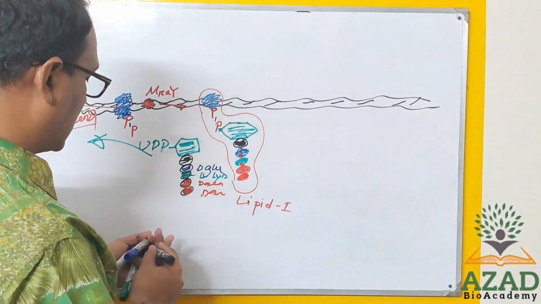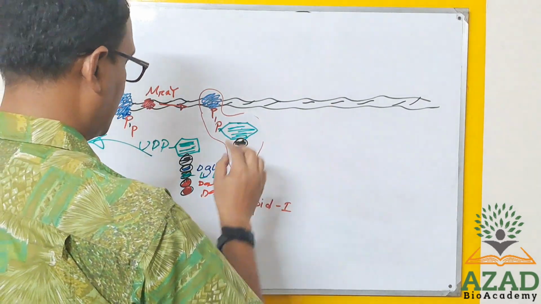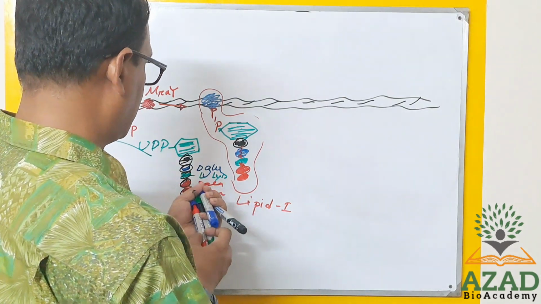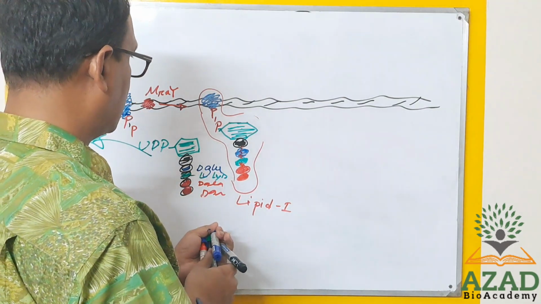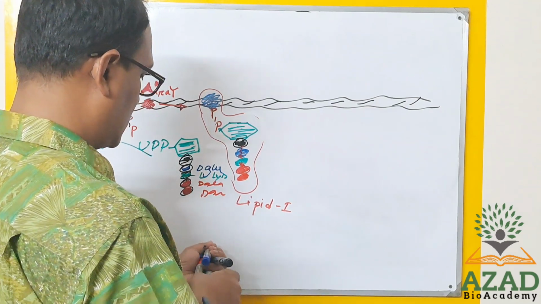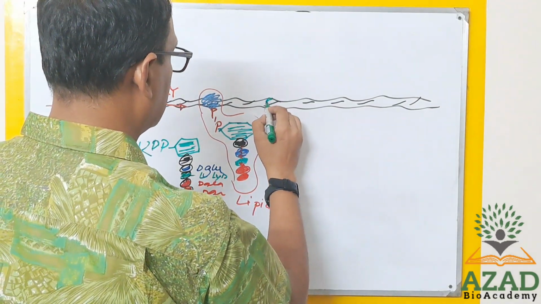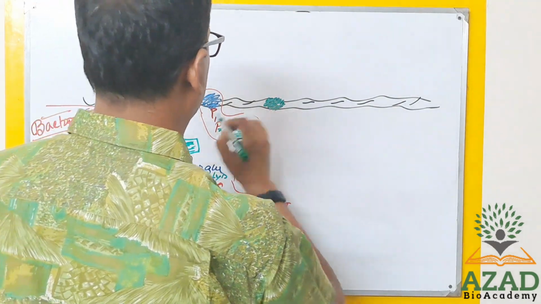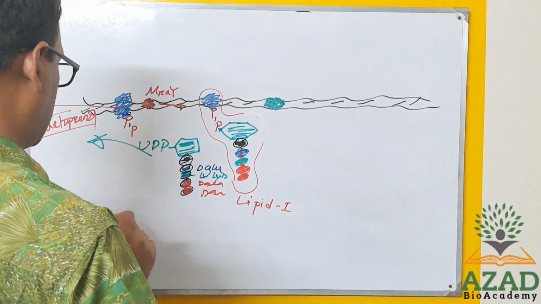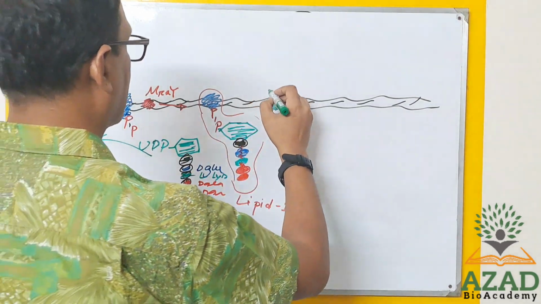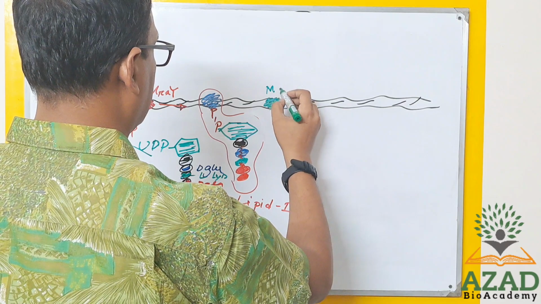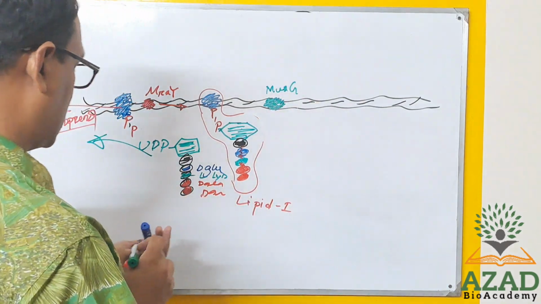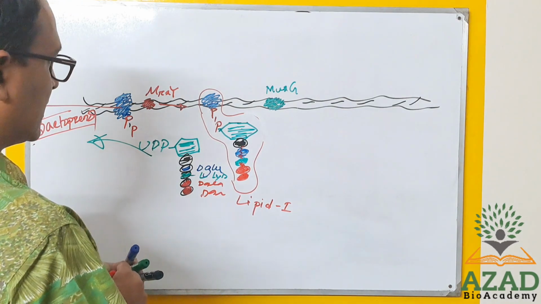Okay, and now another enzyme is available there. That enzyme name is MurG.